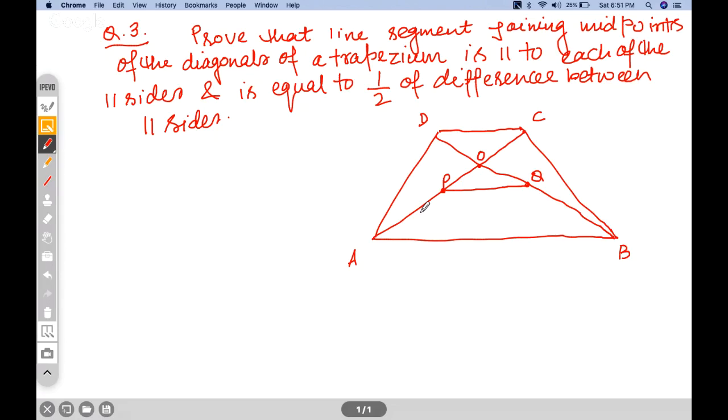Okay, so let me solve this question. I don't know how many of you have solved it. Okay, Dhruti has got the first part. Solve the second part also. I'm just waiting for that.